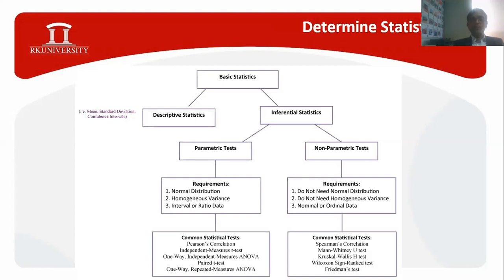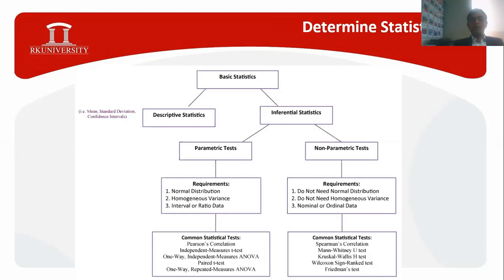So what are the assumptions to use a parametric test on data? The first assumption is that data should be normally distributed. So as a researcher, whenever we collect data, even though it is quantitative data, we always need to check for its normality.